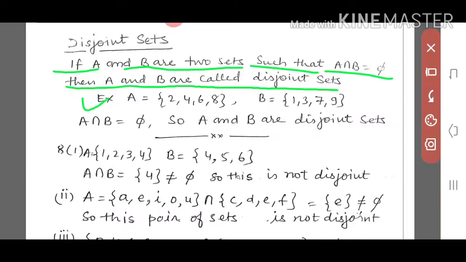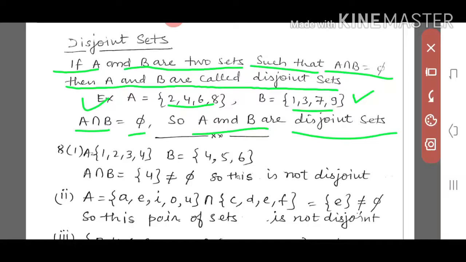Set A is given to you: 2, 4, 6 and 8. In set B we have 1, 3, 7 and 9, 4 elements here also. Now we check A intersection B. Any common elements in A and B? No, so A intersection B is the null set. So A and B are disjoint sets.